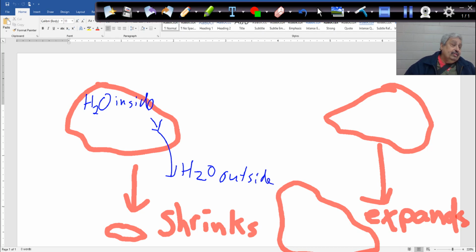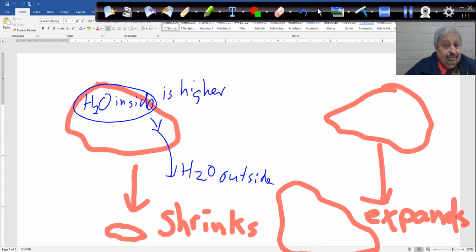So the diffusion, normal diffusion, is from higher to lower. So the H2O inside is higher than 94%, about 94%.